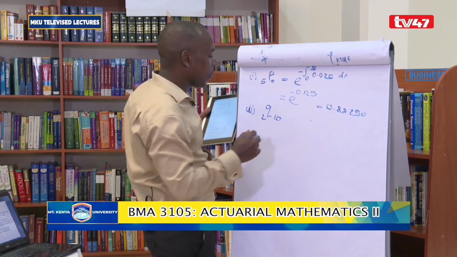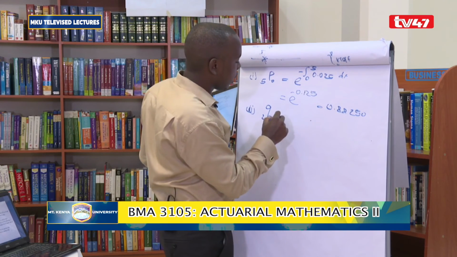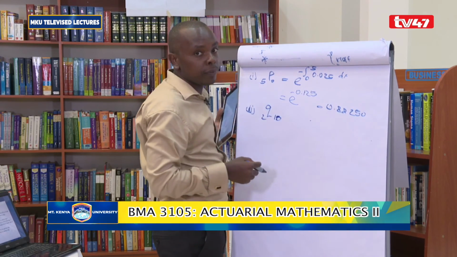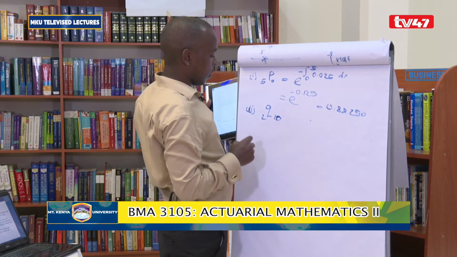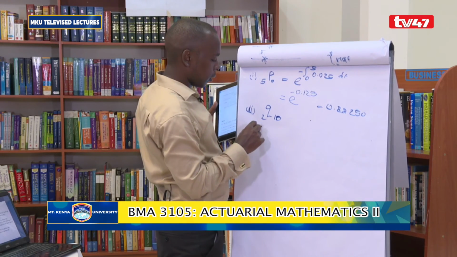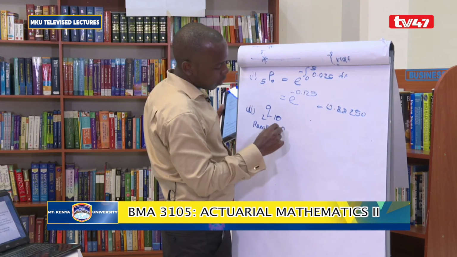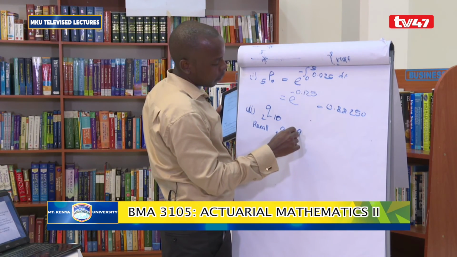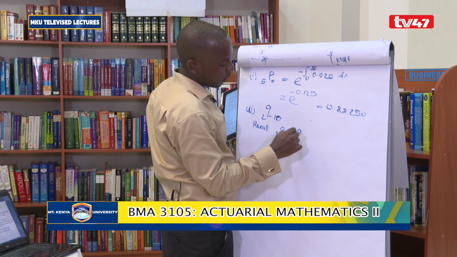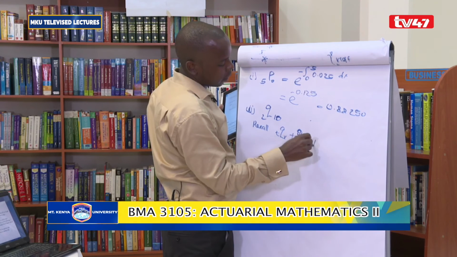So we can compute this. Remember, we said that probability of death and probability of survival have a unique relationship. So we say that tqx plus tpx is given by 1.